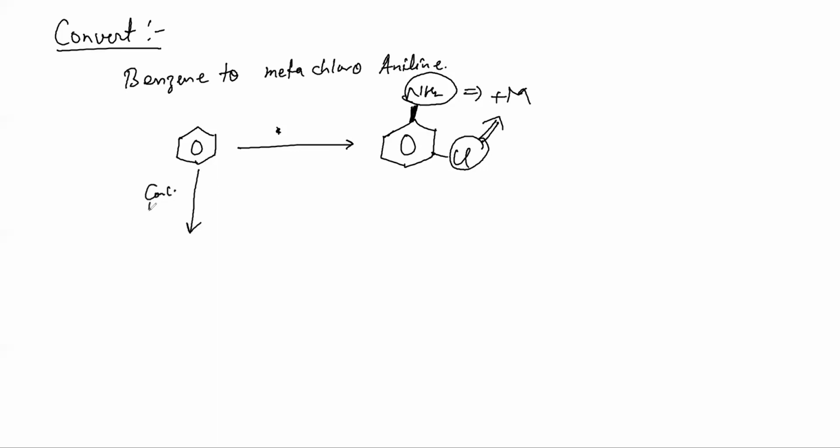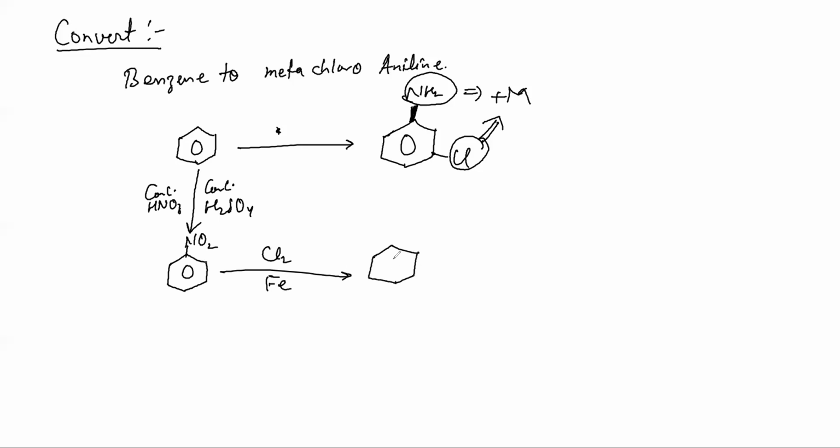Do as I am saying. Treat it with concentrated HNO3 and concentrated H2SO4. Can you tell me what will be the product? NO2 will be substituted. Now treat it with Cl2/Fe. What will be the product? Fe means FeCl3. Cl2 and Fe will react first to give FeCl3, a Lewis acid. Chlorine will be substituted. Where?